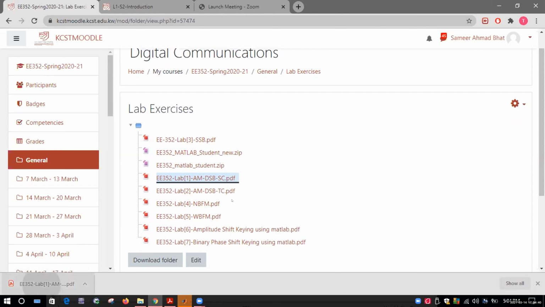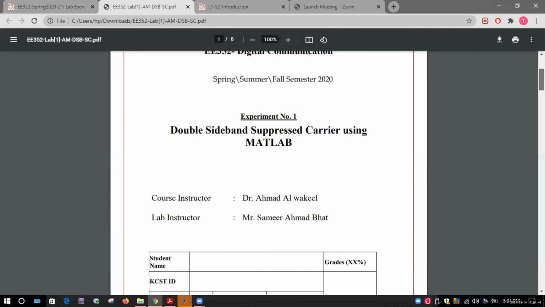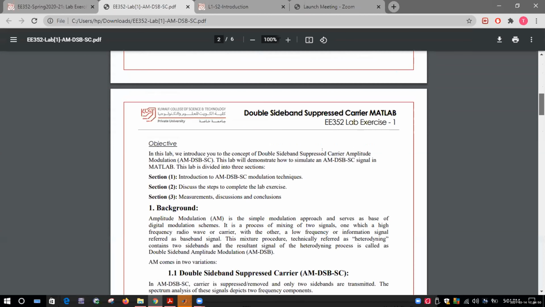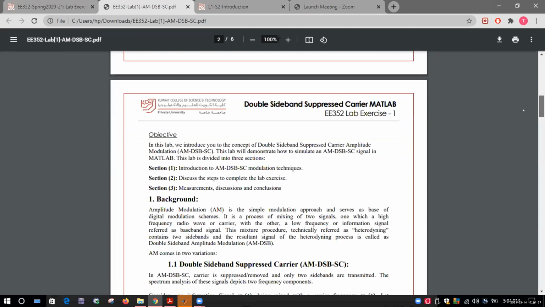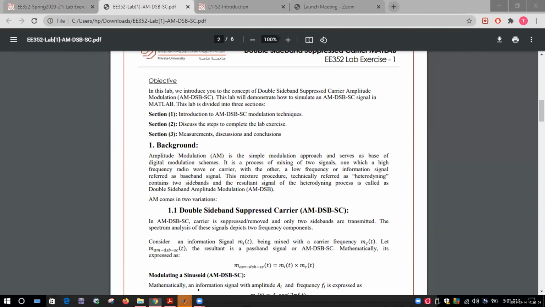So this is our first lab. I'm going to open it up here. So this is digital communications, and here we have our first experiment, double sideband suppressed carrier transmission. Just one minute, I need to check.